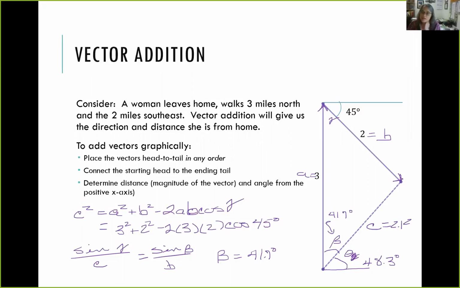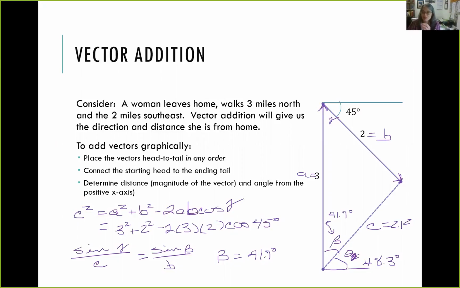So what this means is that if somebody was starting from home and trying to get to this woman's location, they would go 2.12 miles at a bearing of 48.3 degrees north of east. You can see how the vector describes very precisely this woman's location.